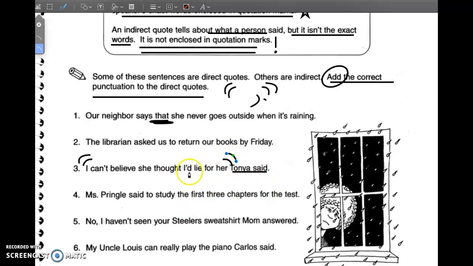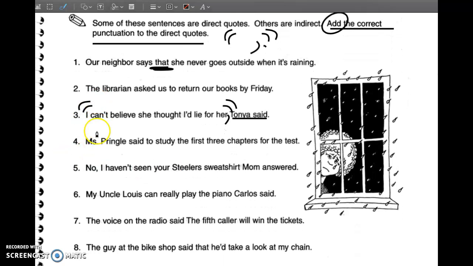So our quotation marks go around her direct words, her exact words. That's what she's being quoted on. Now, we're not done because we need to separate our source words from our direct quote by using a comma. So be sure to add your comma before the end of the punctuation. Notice that I did not put my comma out here after my quotation marks. I put it inside my quotation marks. Make sure that that's clear when you write yours.